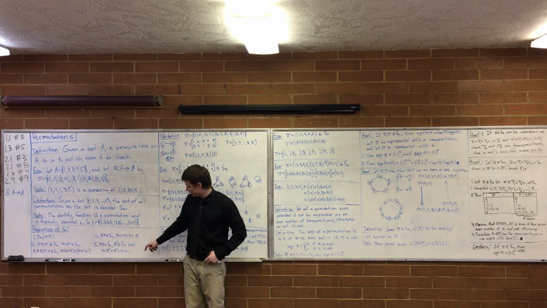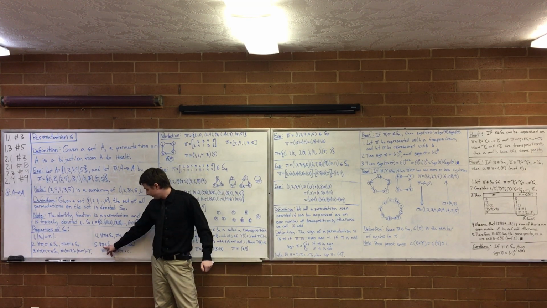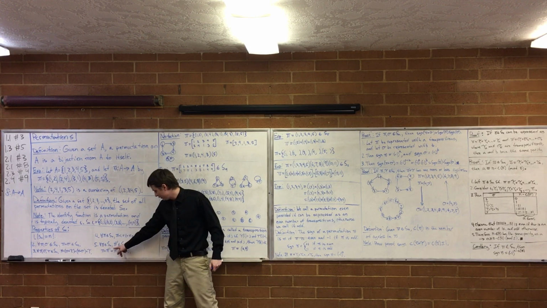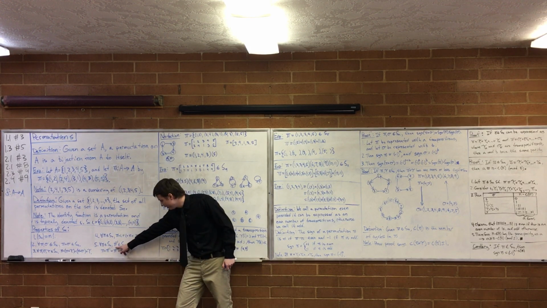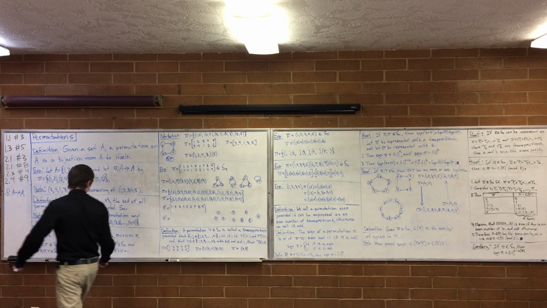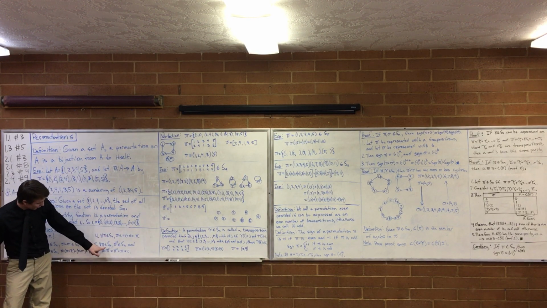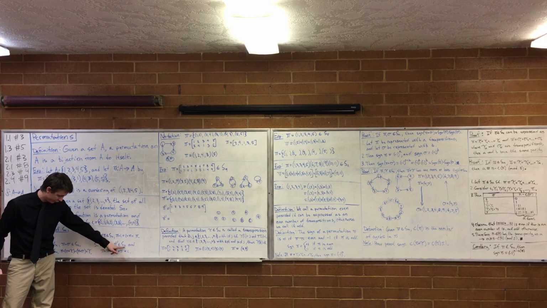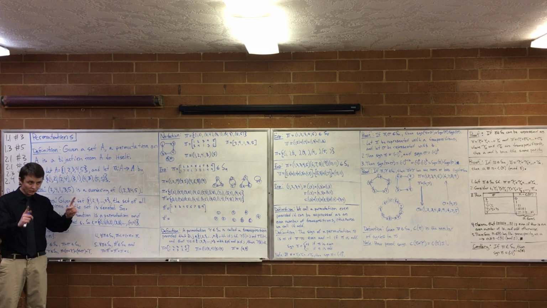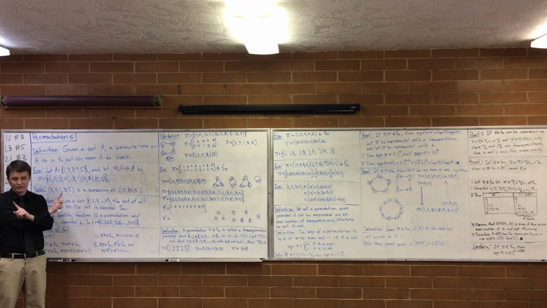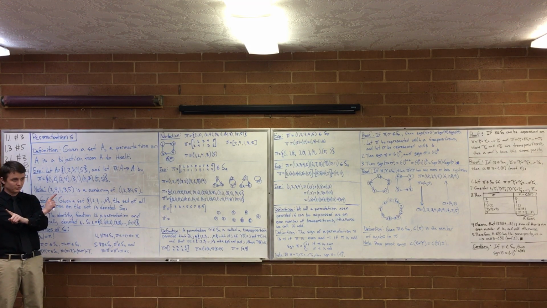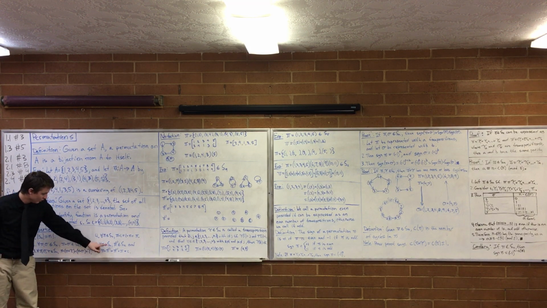And then finally, for all permutations pi, its inverse is a permutation. The inverse of a bijection is a bijection, right? So that makes perfect sense.